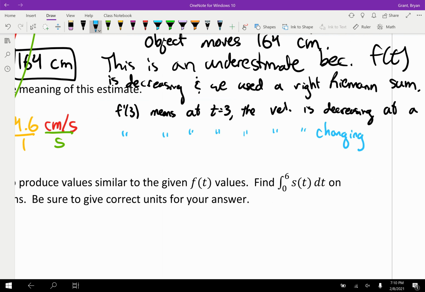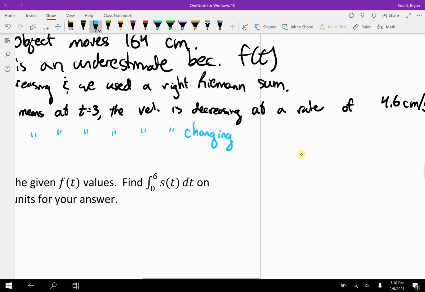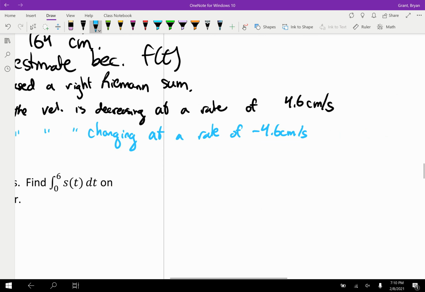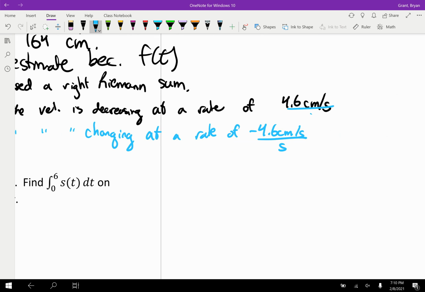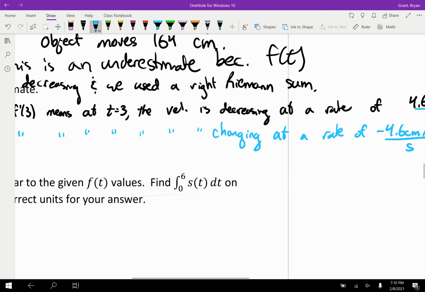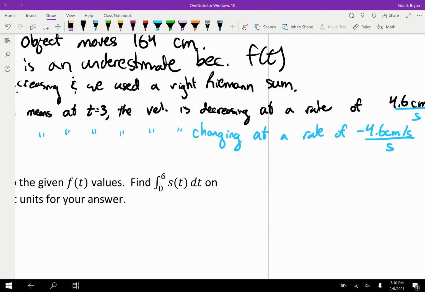Just use the word changing, because changing can either mean increasing or decreasing, and then I always just write the value that we got. So we got the value of negative 4.6 centimeters per second. Oh, per second. I forgot the extra per second up here. Awkward. Okay, so that way you can just take whatever your answer is. You can always use the word changing instead of trying to rack your brain interpreting, saying, do I need a negative here, do I not?